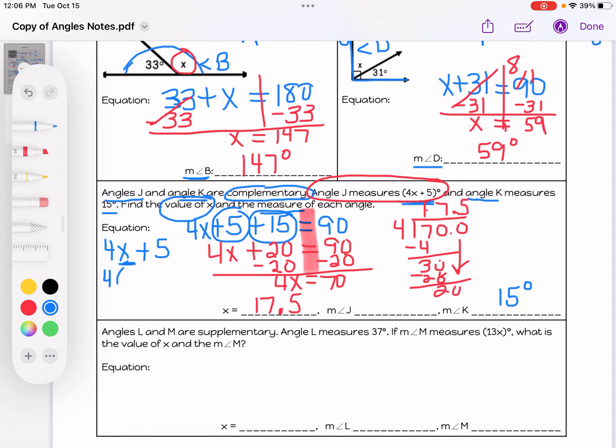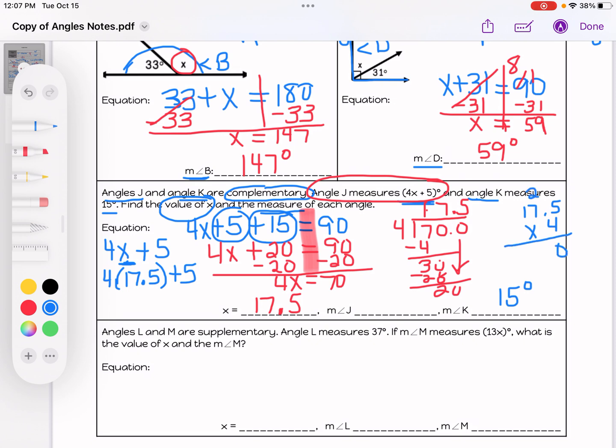So we're going to say 4 times 17.5 plus 5. So really important, you've got to pay attention. Are they asking for x? Are they asking for the angle measure? What do they want? I'm going to run out of space, so I'm going to come over to the right and do 17.5 times 4.